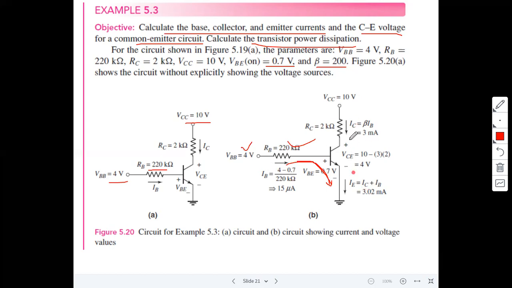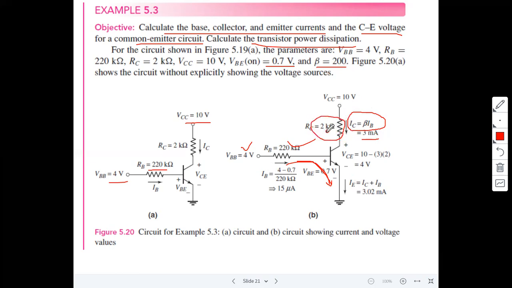Then again, in active region of operation, what is collector current here? Collector current IC is equal to beta times IB. Already given beta is equal to 200, so IC is equal to 3 milliamperes. Once you know the IC, we can easily find the drop across RC.